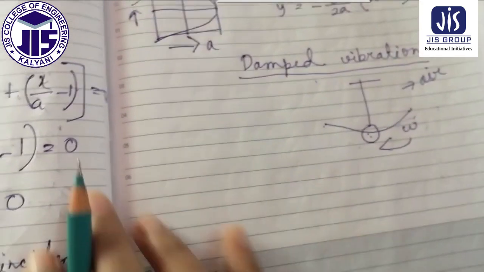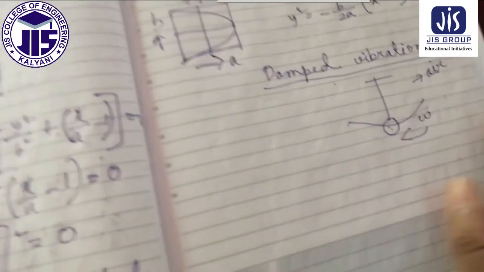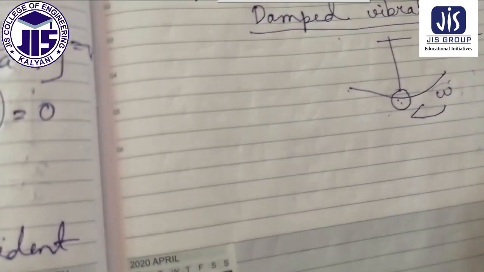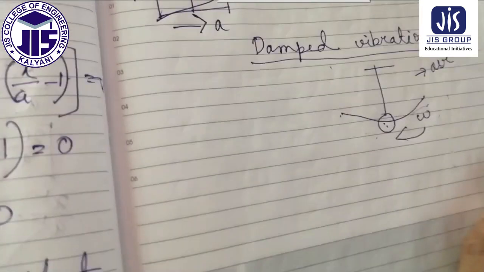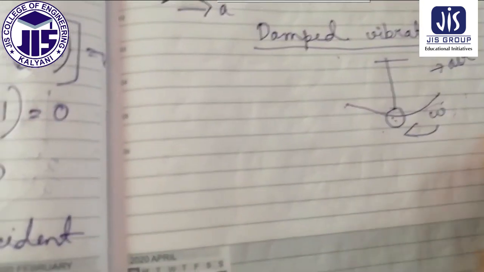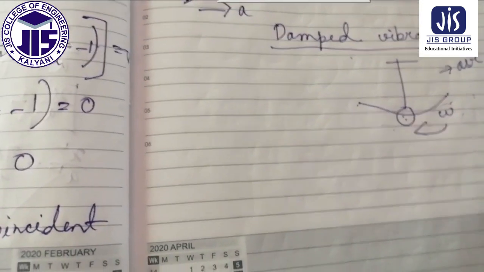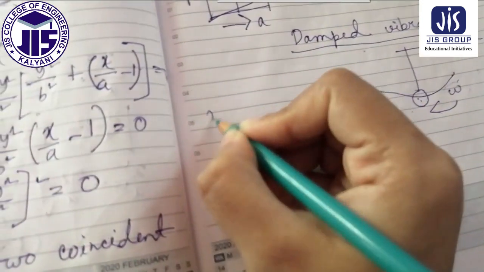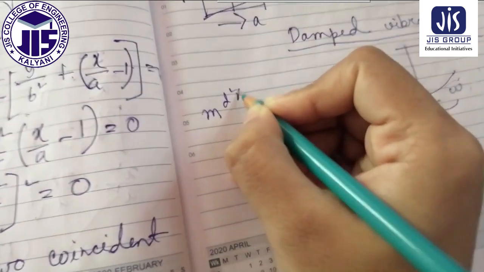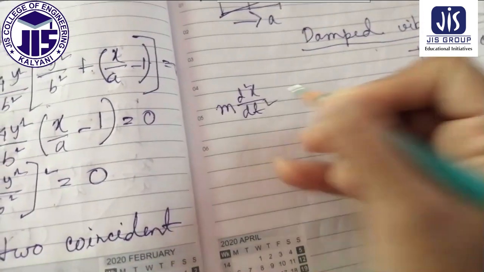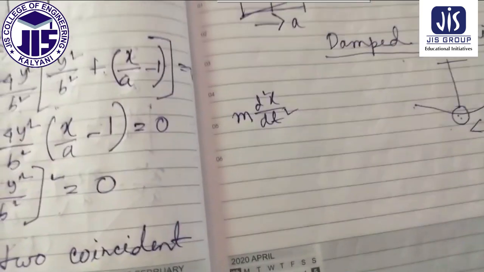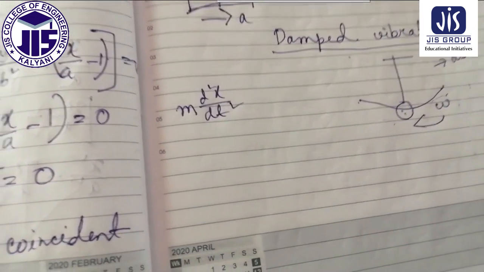Now again the same method: first we have to derive the differential equation of the damped vibration. Before that, first m into d2x by dt square. This is the force.